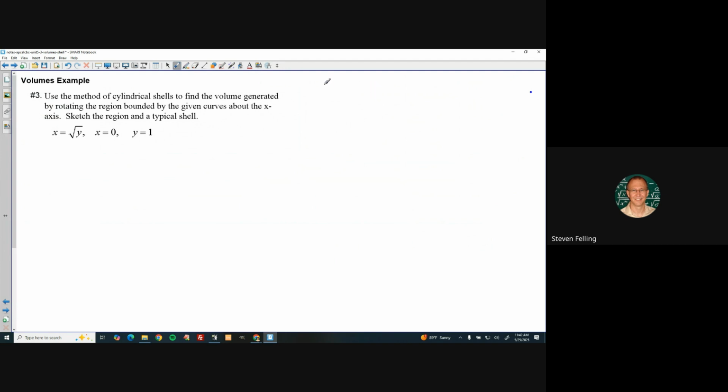So we have x is the square root of y, x equals 0. Let's just intersect those two. The square root of y would equal 0 when y is 0. Actually, I think I can just sketch this without taking an intersection. Maybe I should do this instead for this problem. x is the square root of y is the same as x squared is equal to y, right? And I know how to sketch that easily.